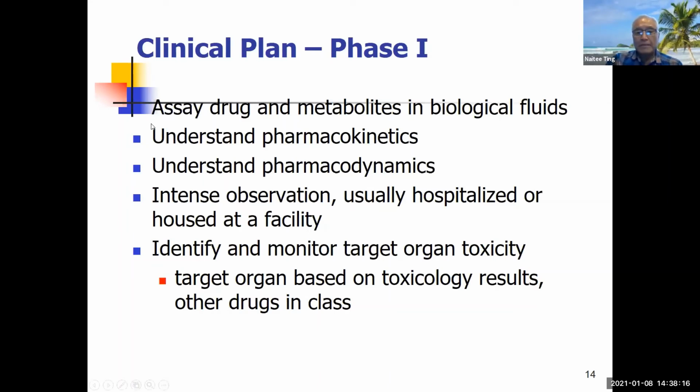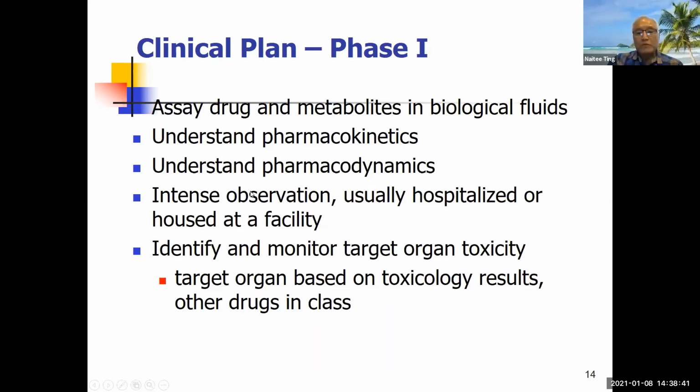All right, so phase 1, we look at pharmacokinetics. You look at the drug or metabolites in biological fluids, mostly in blood, sometimes in urine. All right, try to understand pharmacokinetics and pharmacodynamics. So pharmacokinetics is what does your body do to the drug, and pharmacodynamics is what does the drug do to your body.